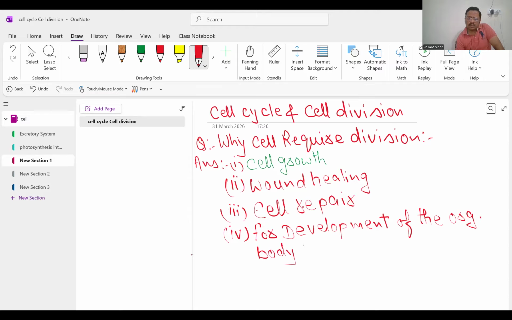These are a few points for which cell division is required.